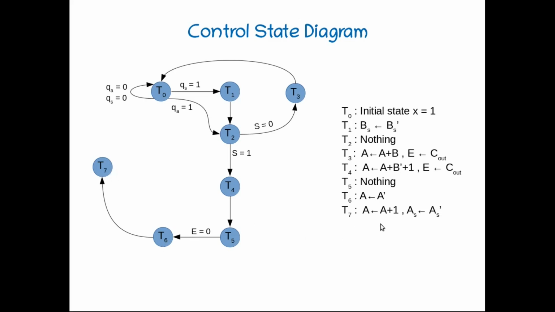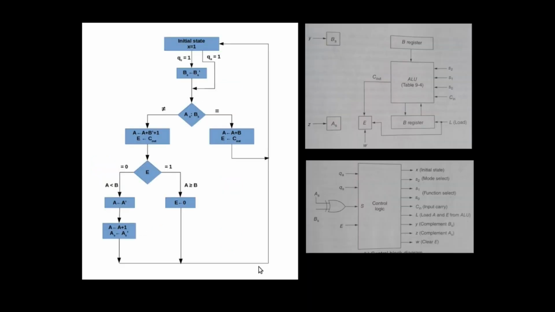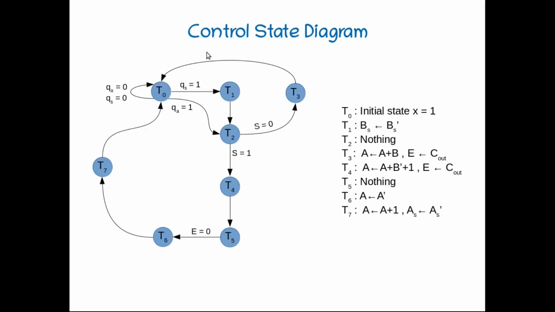The operations to be performed in T7 are A is equal to A plus 1 and AS is equal to AS complement. And it will go into the initial state, T0, on the next clock pulse.